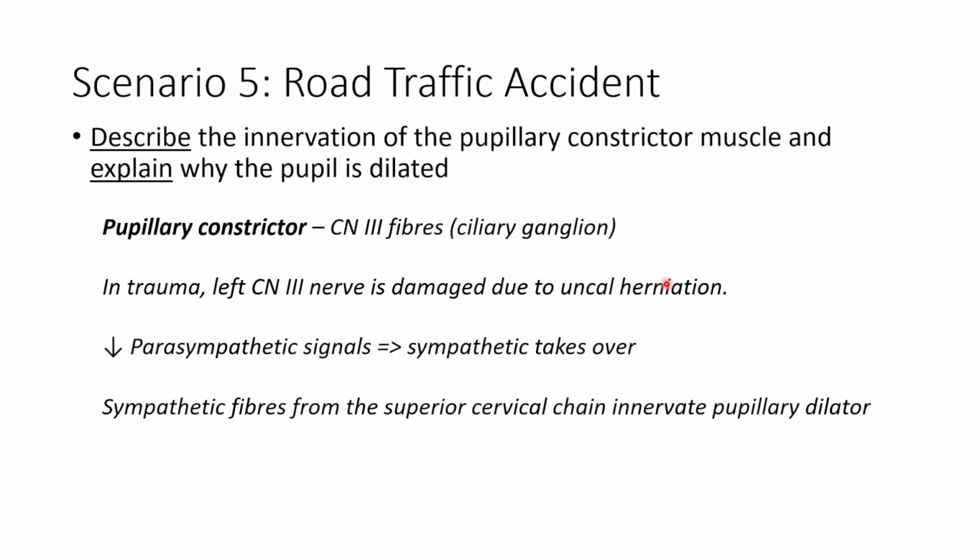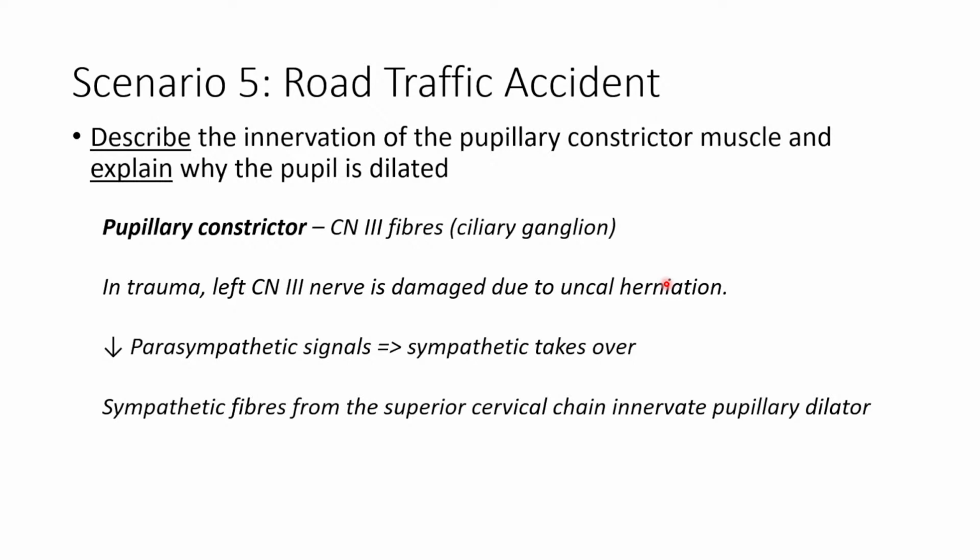And the reason it's damaged is because the pressures within the brain cause what is called an uncal herniation. The brain herniates down and presses on the nucleus of cranial nerve 3. Now, this region is called the Edinger-Westphal nucleus, and it is a parasympathetic nucleus of cranial nerve 3.